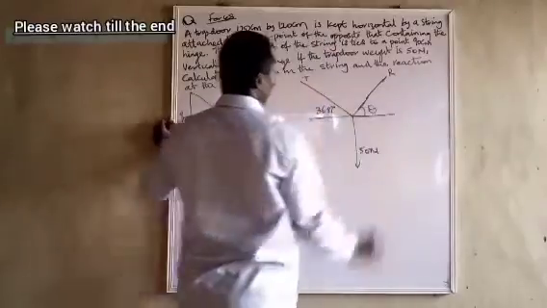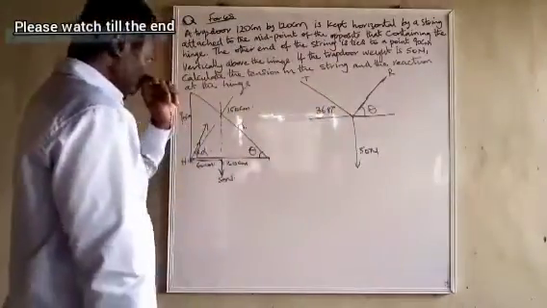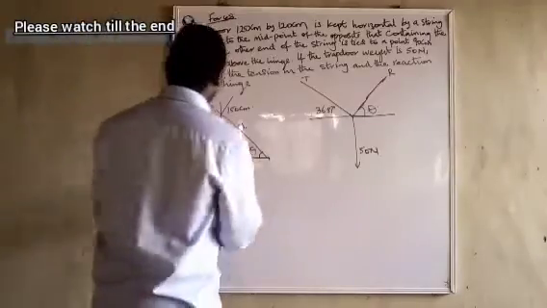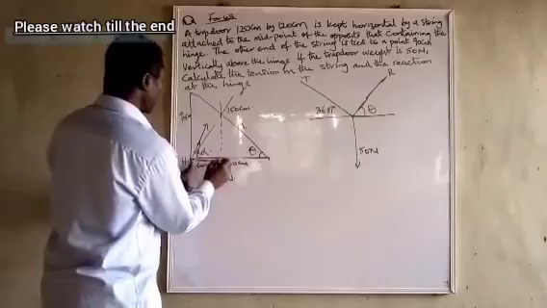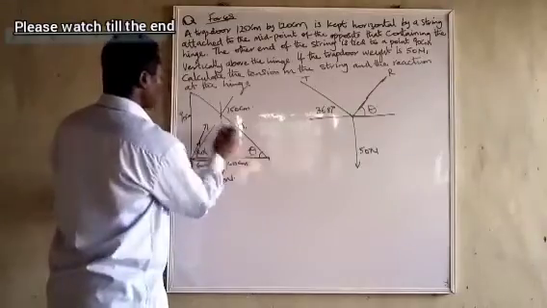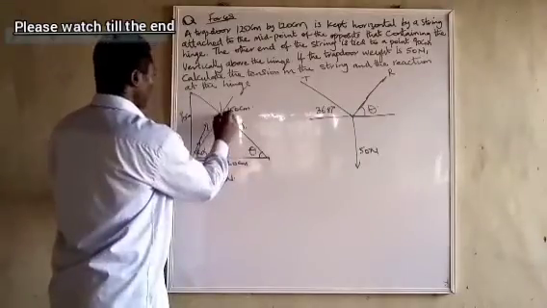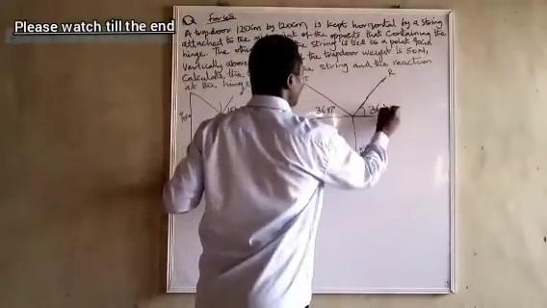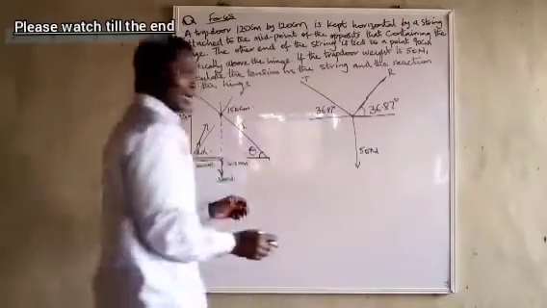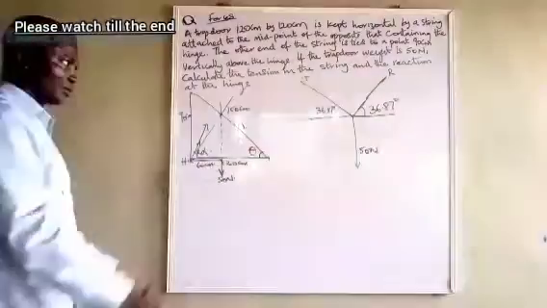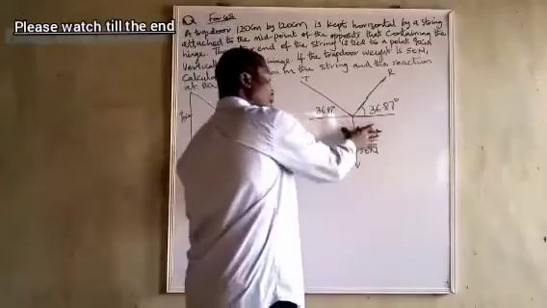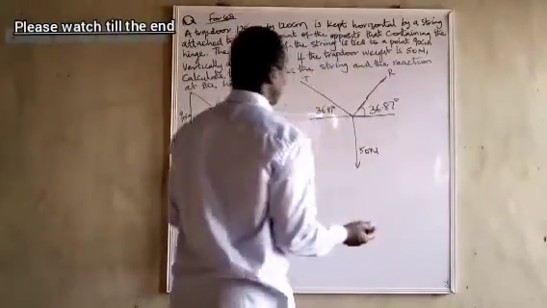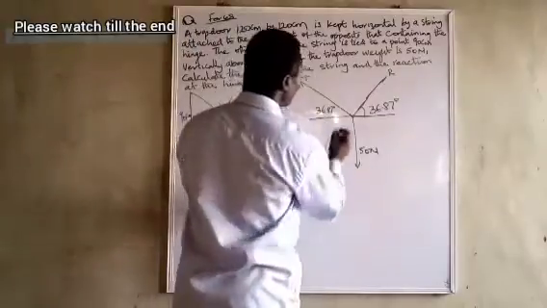So I can now use knowledge of trigonometry to find R. And from this, I know that this place to this place is 60. And since it is a similar triangle, this one too will be equal to 36.87 degrees. So automatically I'm having an isosceles triangle. I can use resolution of vectors, or I draw the triangle out straight. Let's see if I draw the triangle out straight, what am I going to have? I'm going to have something like this.